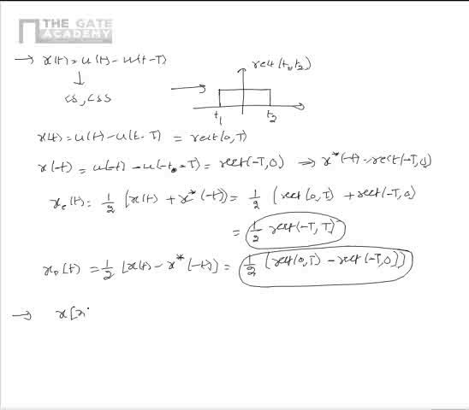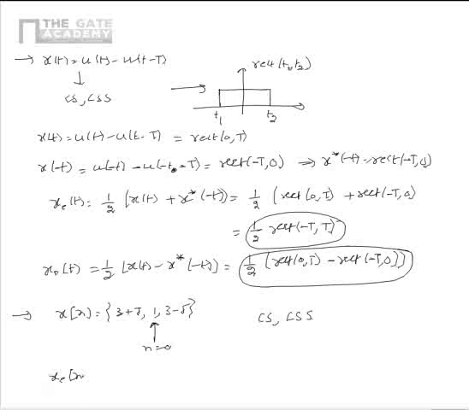Now there is a signal x of n given as 3 plus j, 1, 3 minus j. Here the center point is at 1, which means 1 corresponds to the instant n is equal to 0. We have to find the conjugate symmetric part and the conjugate skew symmetric part of x of n.